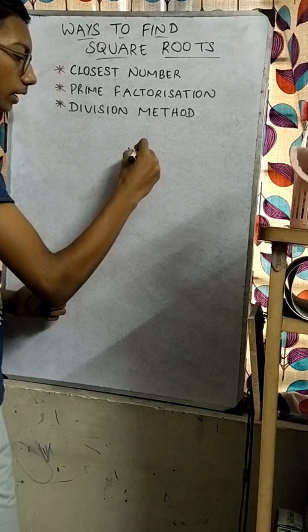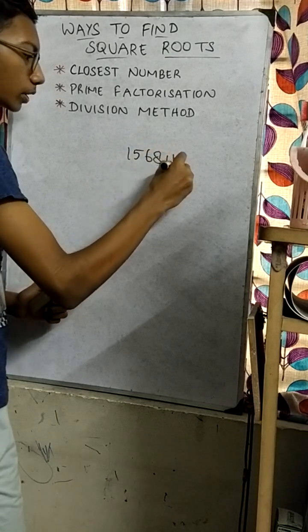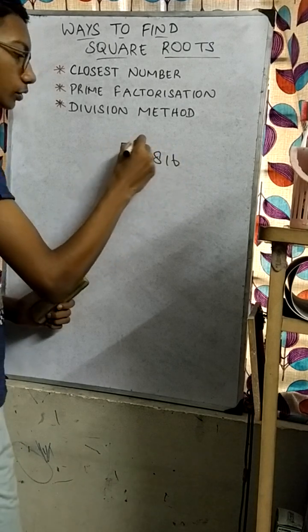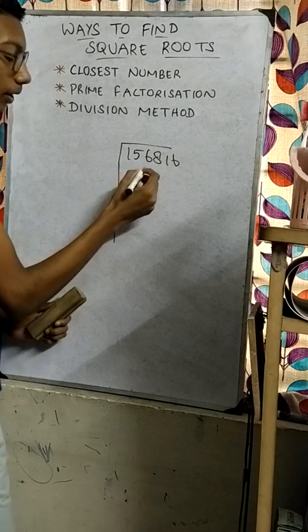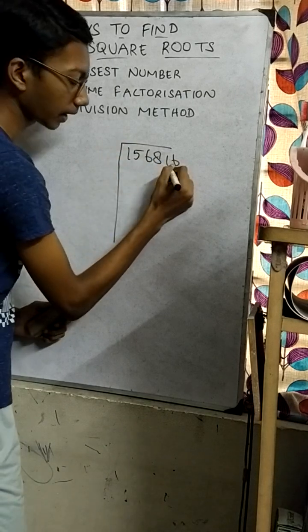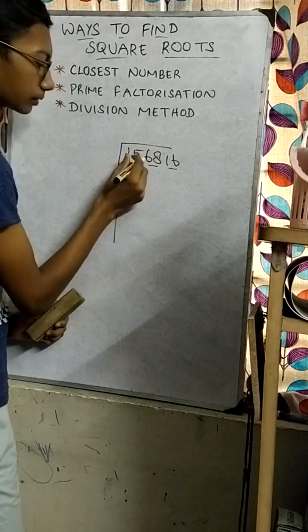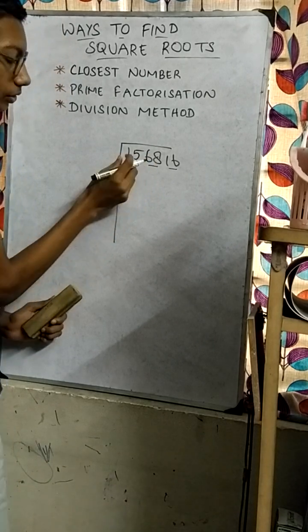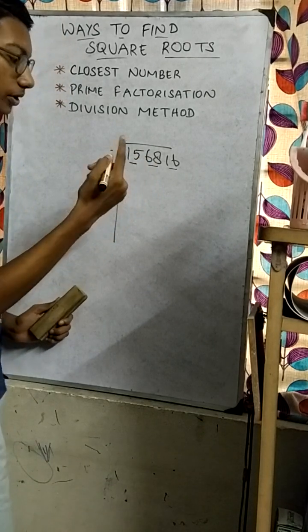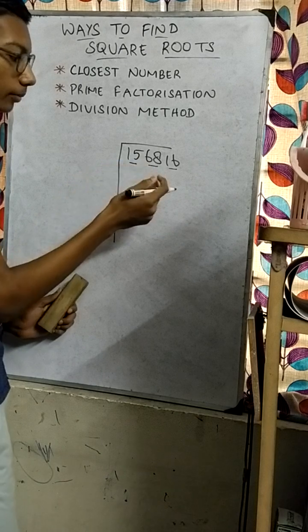Let's say we have a number like 156816. So just division. But the first thing you need to do is pair the numbers from the right side. Sometimes the first digit may be a single digit, or in this case it is a double digit.